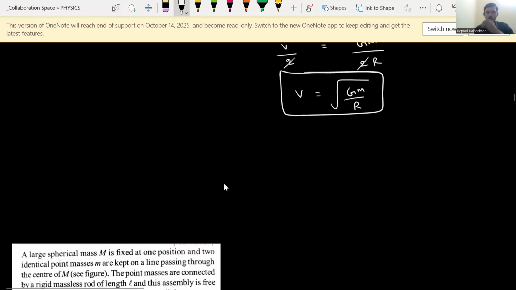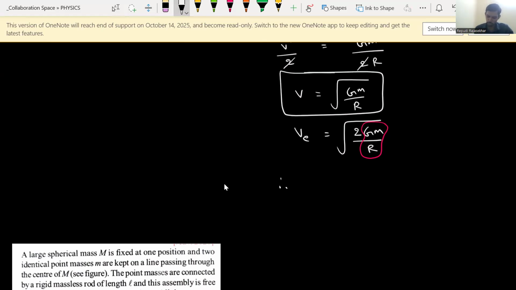How to relate this and escape velocity? We can relate escape velocity equals square root of 2GM divided by R. So in this equation, instead of root GM by R, we can substitute small v.